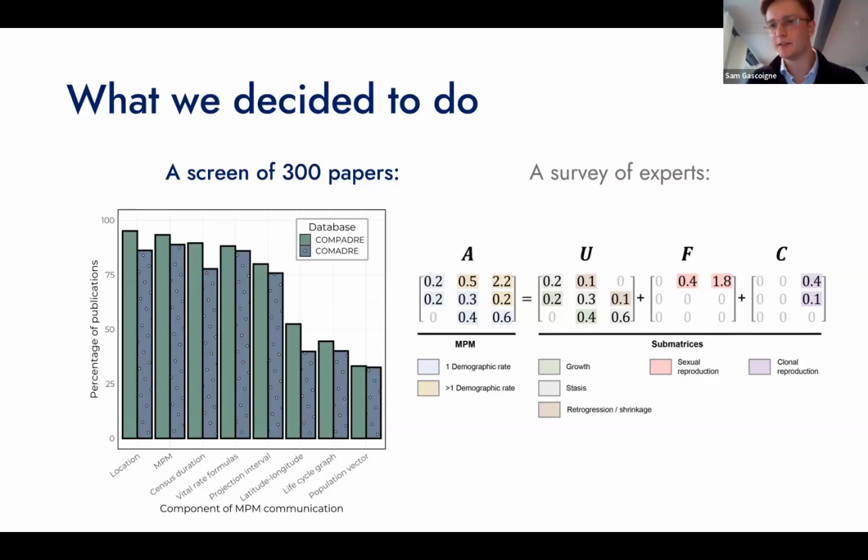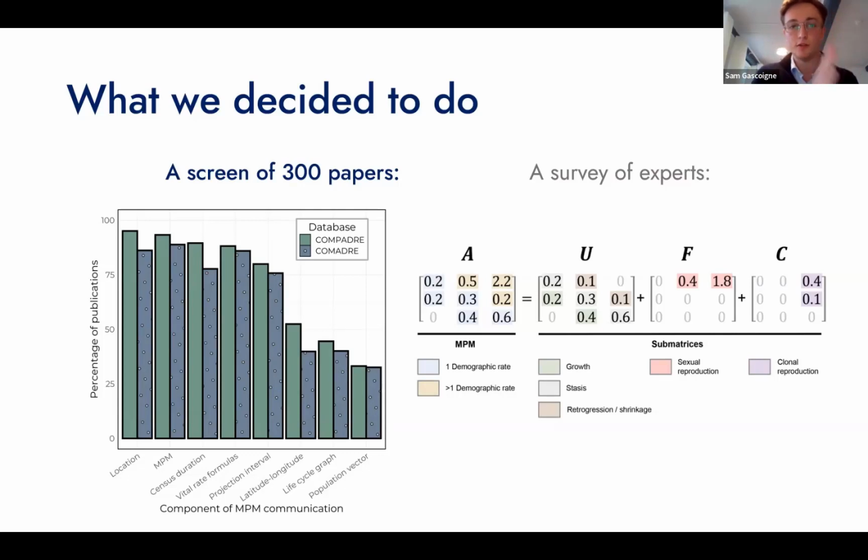But we realized after doing the screen that not all components of MPM communication are made equally. For example, the location is less important than the MPM. The MPM is what we actually need; whether it's in Beirut or London is not necessarily stopping the vector multiplication.